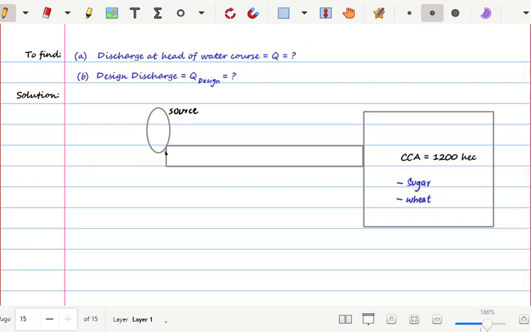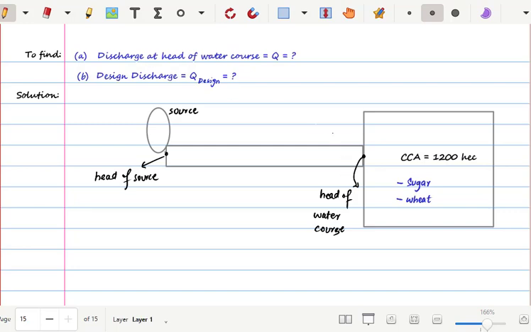This is known as head of source, and this is head of water course, because water course always comes at the start of the field, right? So this is the head of the water course.